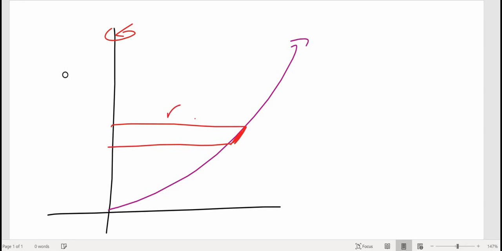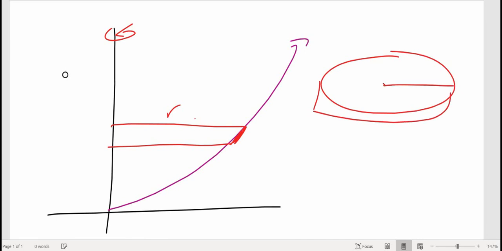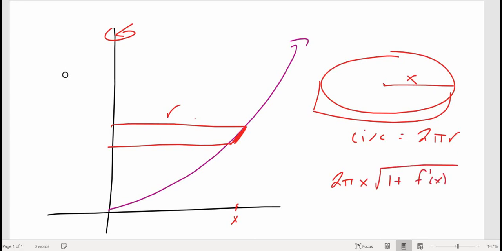The radius for our disk that we're going to unwind is always just going to be the x-coordinate, because it's however far we have to go out. So the circumference is always going to be 2 pi r. Then the area, when we unroll that, will be 2 pi times the x-coordinate, because that's what r is, times the arc length, which would be this.